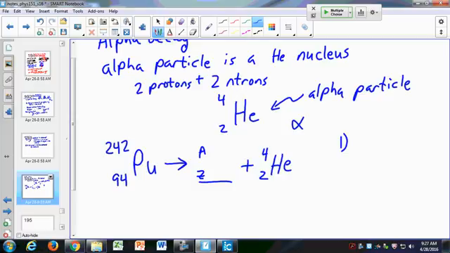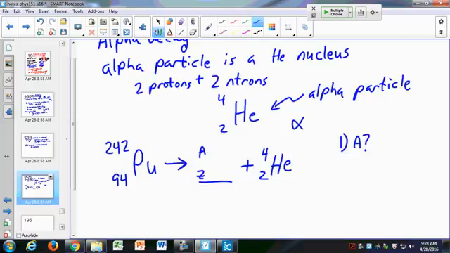But go ahead and try to fill in the values A and Z on your own. Then we'll look at the periodic table and figure out the chemical element. So plutonium is decaying to some new element plus an alpha particle.